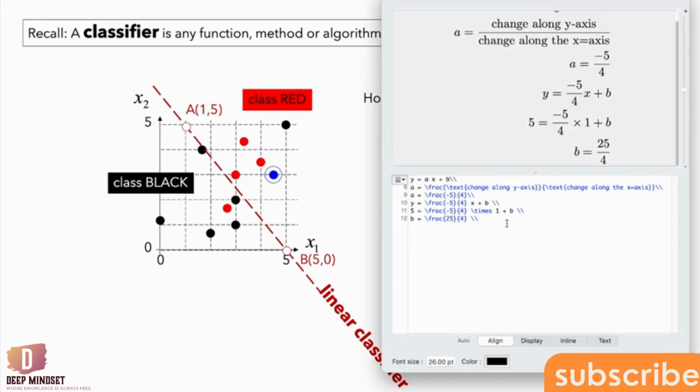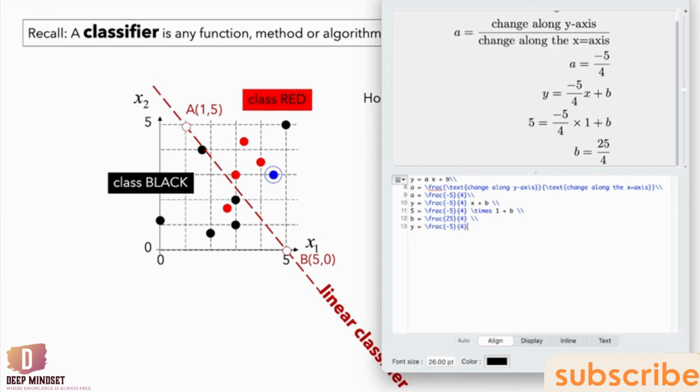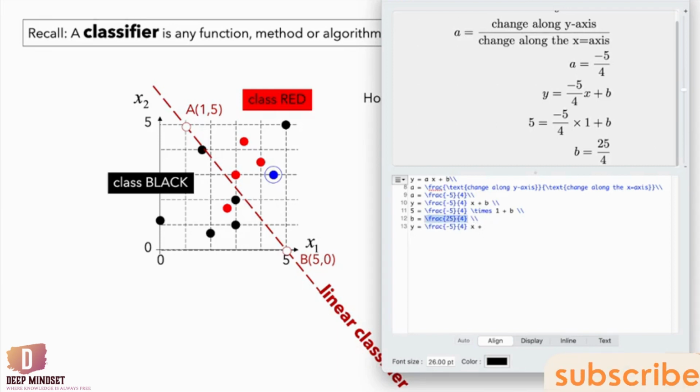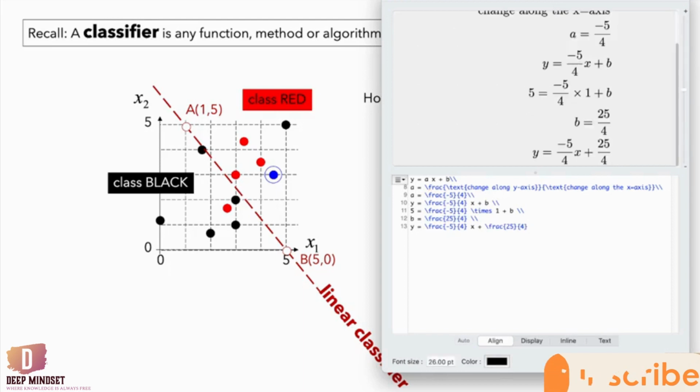Now we have the equation. So y is equal to ax plus this. We could try to get rid of the 4.